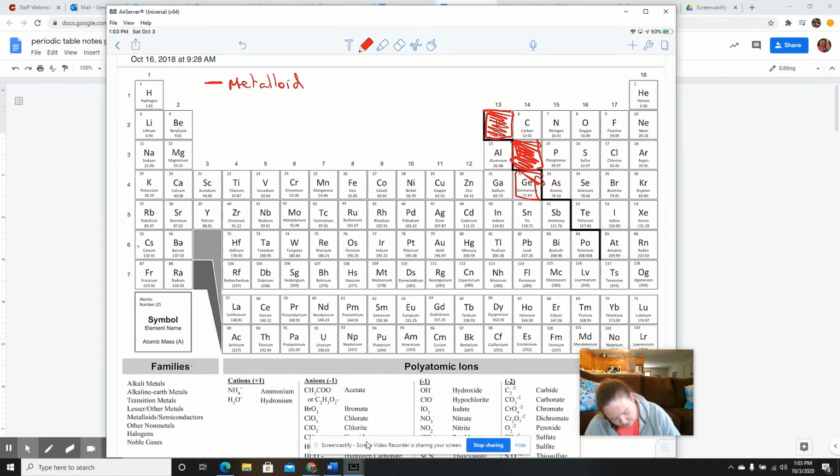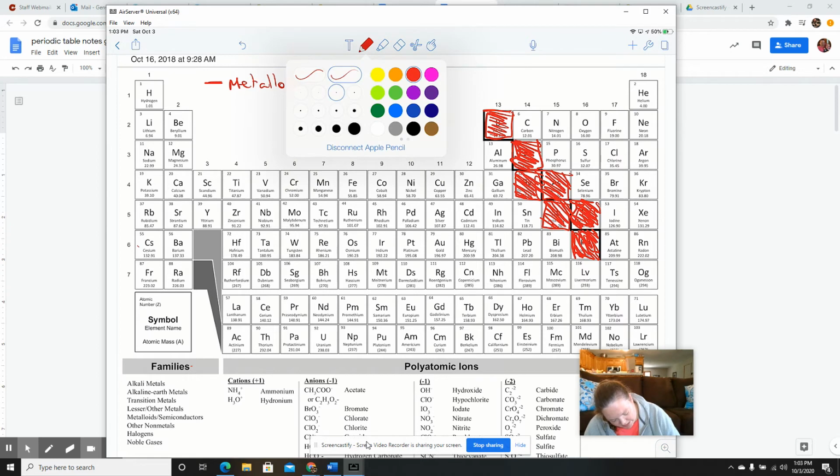But we're going to color in germanium. We're going to color in arsenic. We're going to color in antimony. We're going to color in tellurium. And we're going to color in polonium. And we're not going to color in astatine.